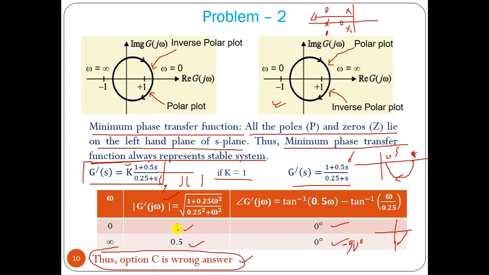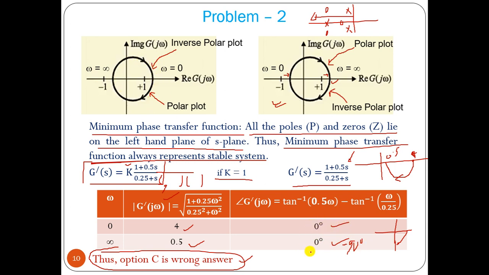But here what we are getting, 4 greater than 1, 0.5 less than 1, that part we are getting, but the angle, here it is from minus 180 to 0, that angle we are not getting.